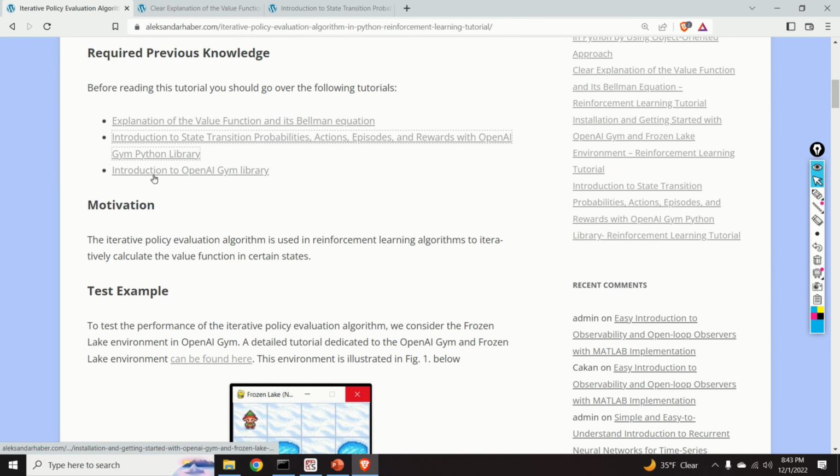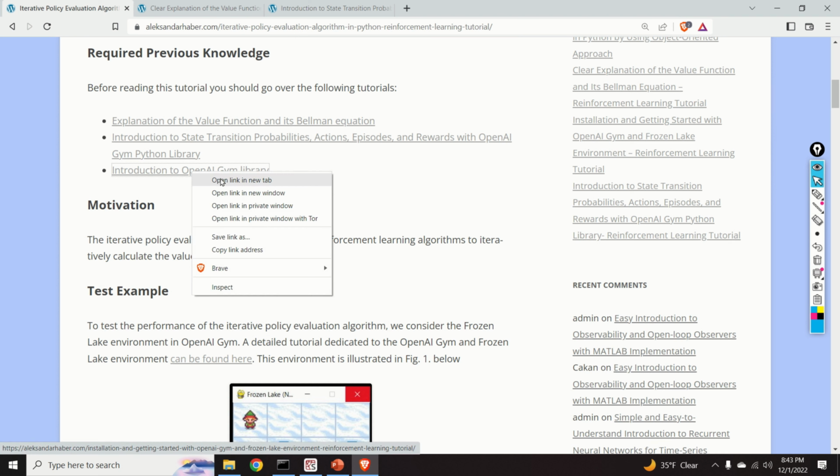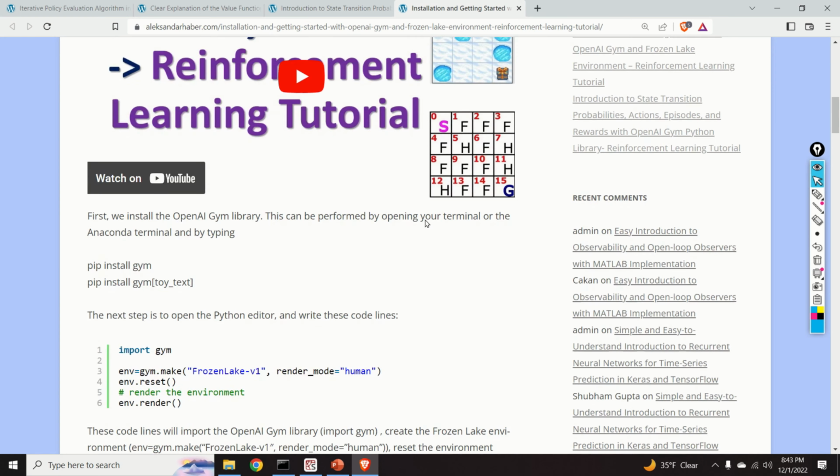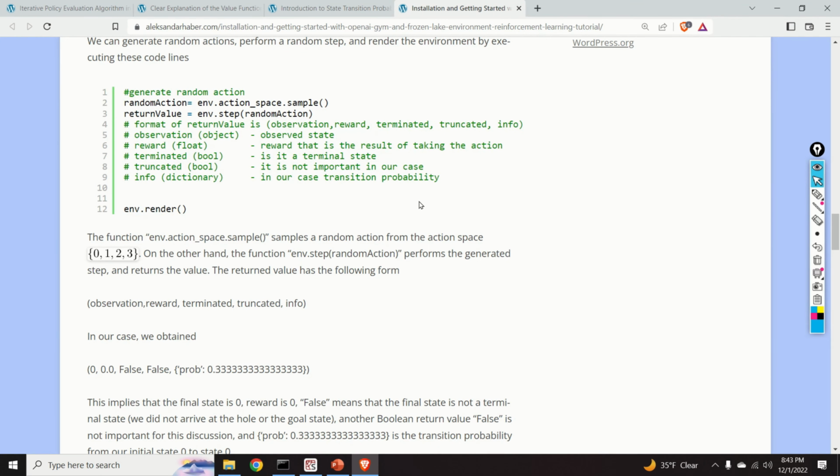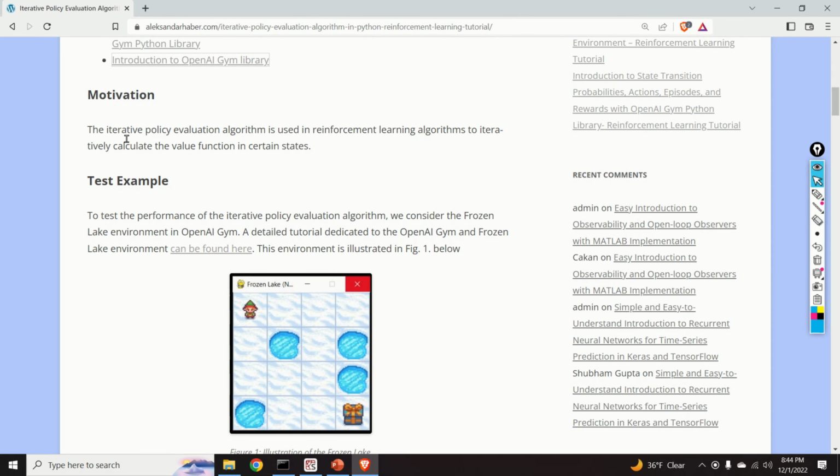Then, you need to gain experience in using the OpenAI Gym library. Again, you can click on this link and read the post that will teach you how to use the OpenAI Gym library.